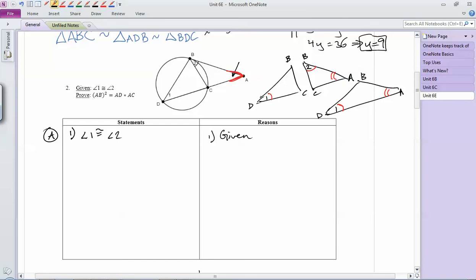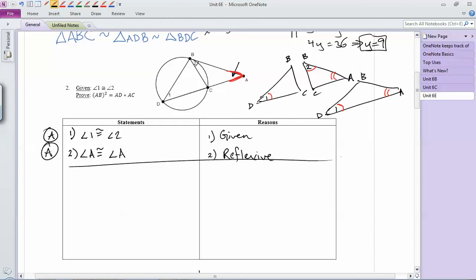So in this step here, step 2, I'm going to say angle A is congruent to itself. That's reflexive. And now I've got a second pair of angles matched up. Okay, so we're up to there.